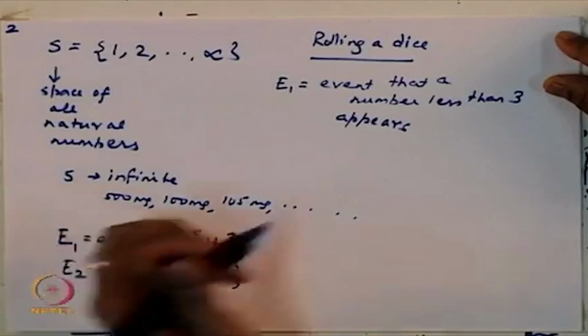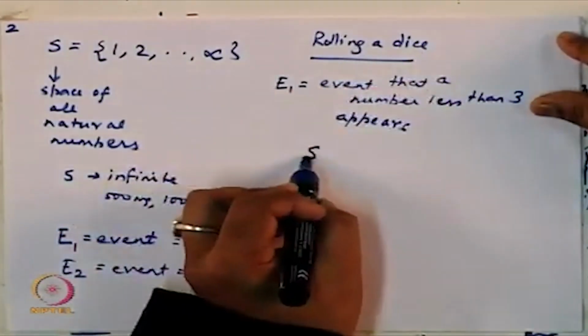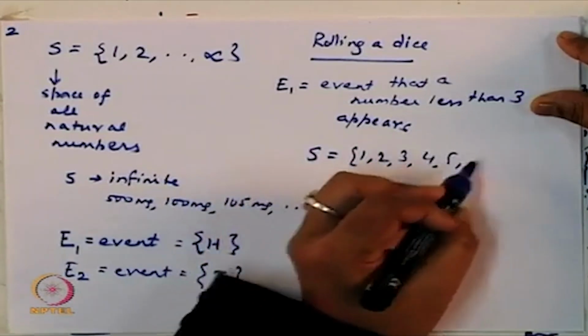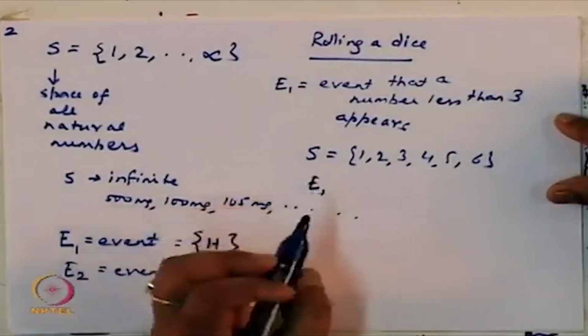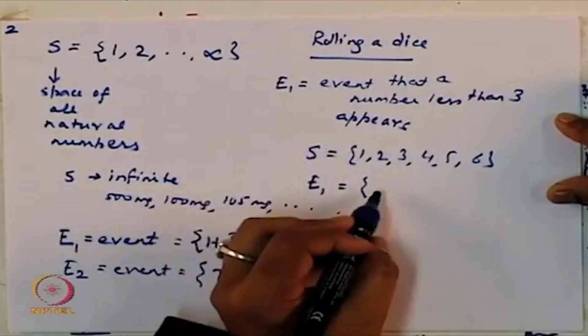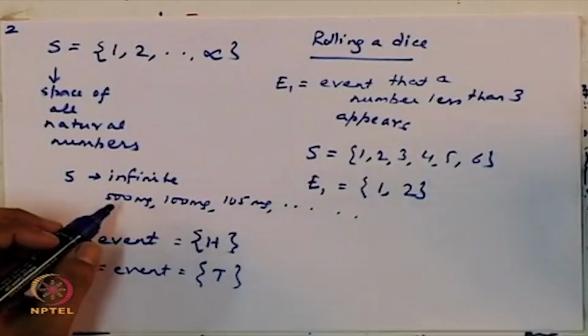So for rolling a dice, my sample space S is 1, 2, 3, 4, 5, 6. My event E1 is then that a number less than 3 appears. So there are 2 possibilities, either a 1 or a 2 appearing.